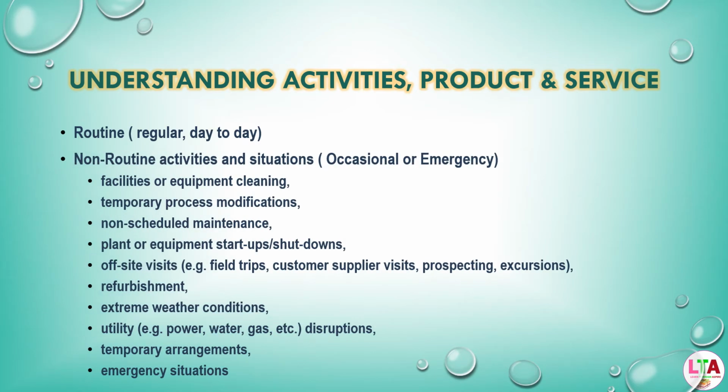The non-routine activities or situations are facility or equipment cleaning, temporary process or modifications, non-scheduled maintenance, plant or equipment startup or shutdown, off-site visits, etc. And we also need to consider the emergency situations as well.